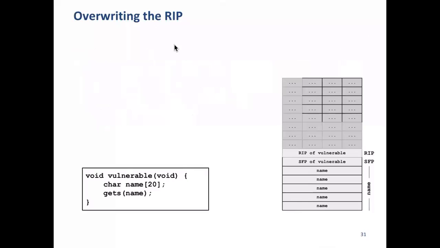Okay, so let's look at this code. This is C code: char name[20] and then just gets(name). Before that, you'll see the instruction pointer, the old program counter, is stored. That's for the caller. The caller is calling this, right? So once the execution of this is over, it will go to the caller's next instruction.